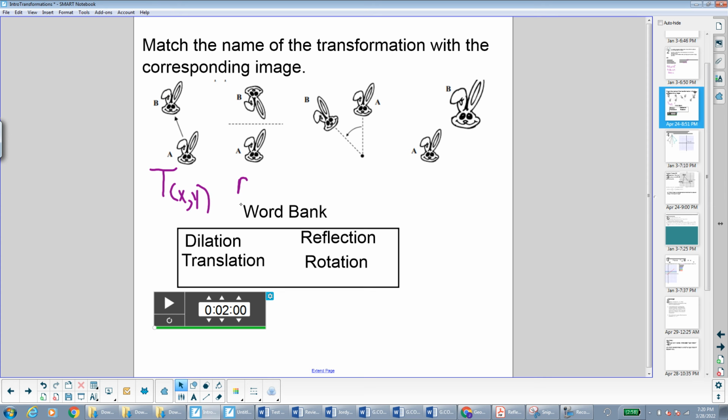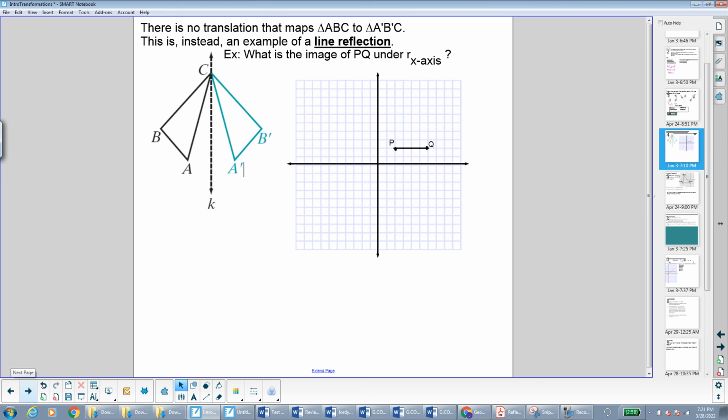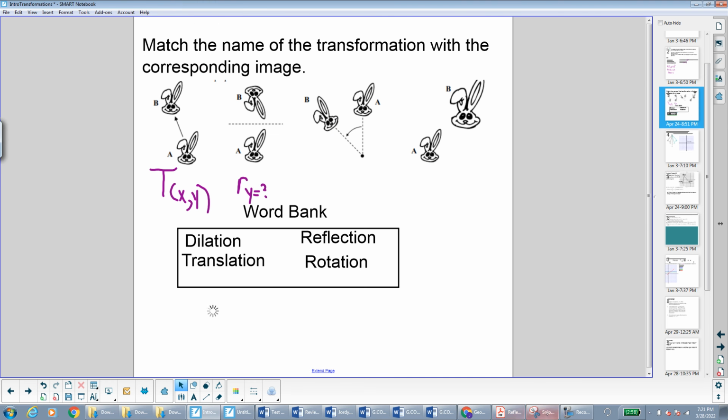And then next to the lowercase letter r, we put what the line of reflection is, what the line is we're reflecting over. So I'll write y equals question mark because that depends on what the line that we're reflecting over is. Here, it kind of looks like it could be the y-axis. So just so you can see better what this notation would look like, I'm going to write a reflection over the y-axis.